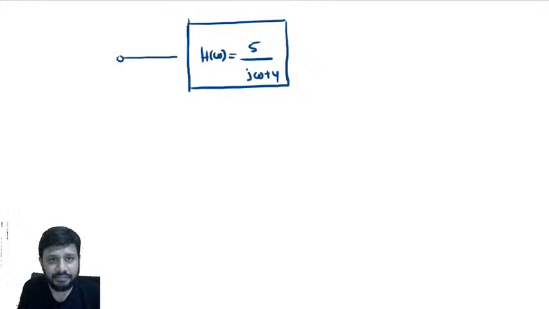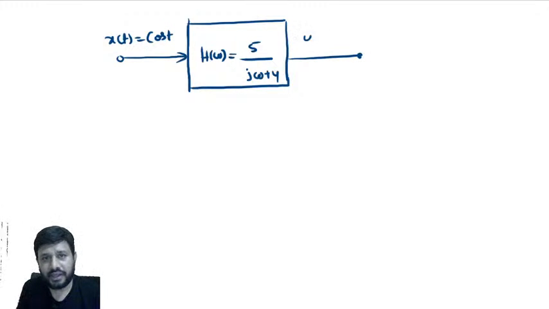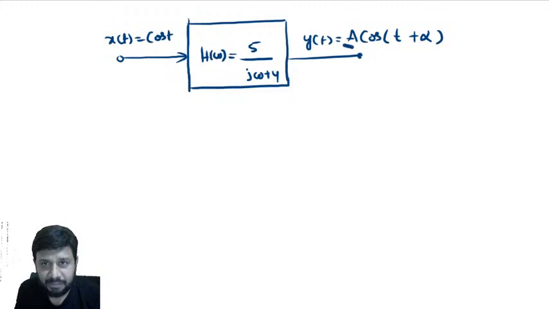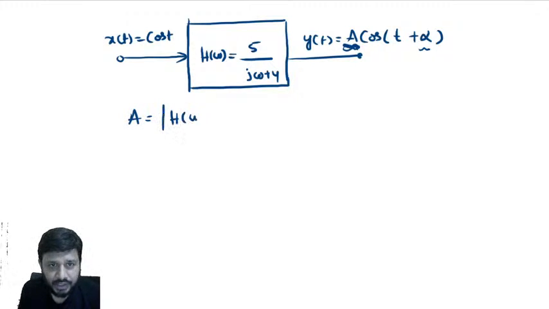What is the input we gave? x of t is equal to cos t. So what output can we expect? A cos of t plus alpha. There may be a change in amplitude and phase. The unknown amplitude A is the magnitude of H of omega at omega equal to the input frequency, here 1 radian per second.